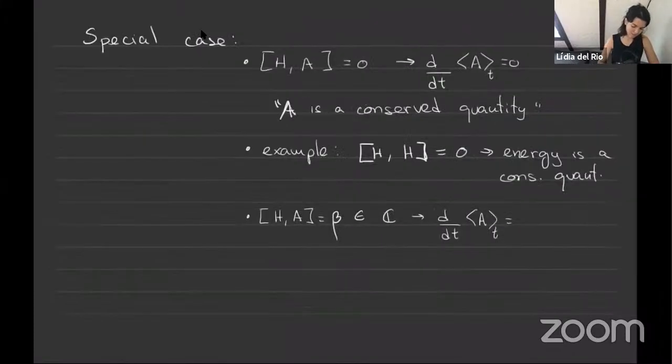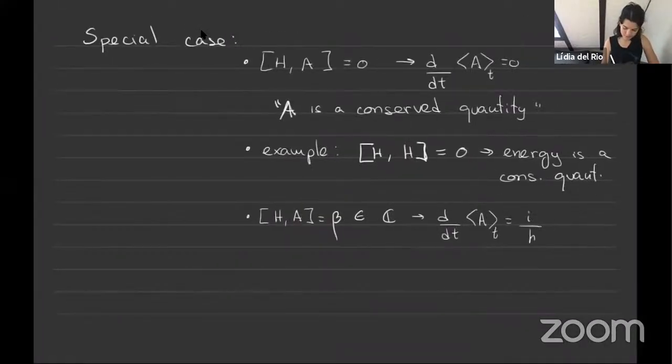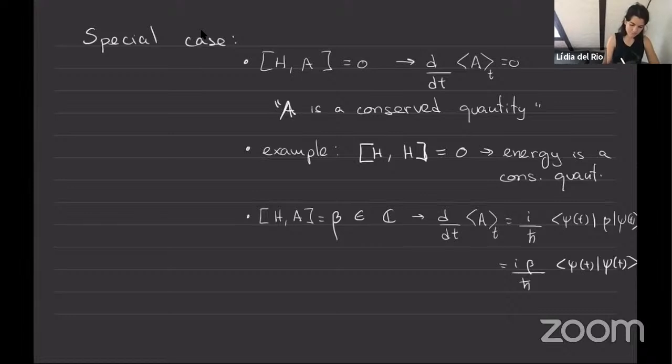Then that's i over h bar, and then here we have the state, we have our constant, we have the state. But that's i over h bar times beta times the state inner product with itself, which is just 1, right? So this is just 1.